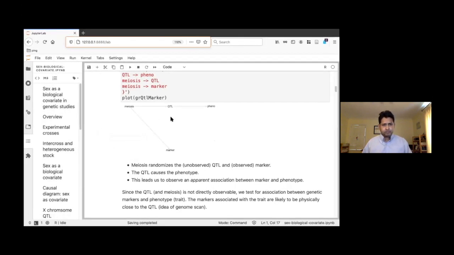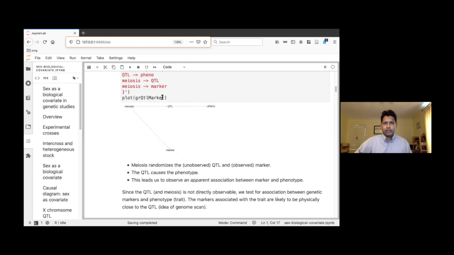So here's the causal structure of QTL on an autosome. What you can observe is the phenotype and the marker genotype on an autosome. What is hidden from your view is the QTL.